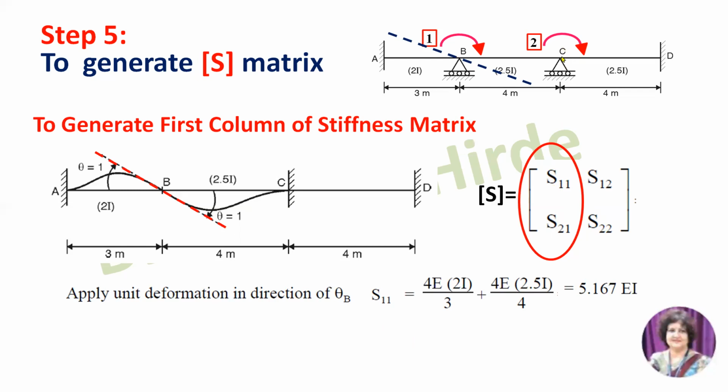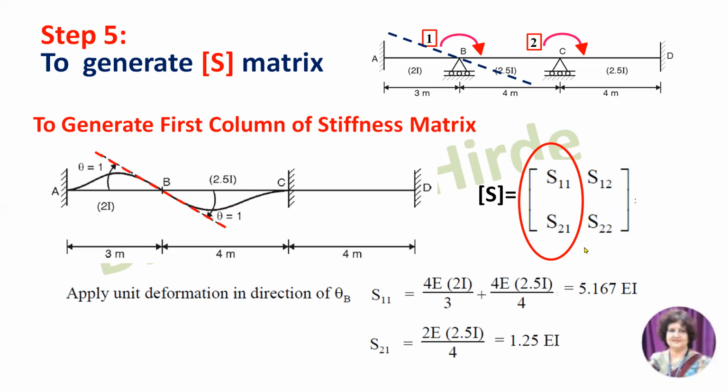It is the moment developed at 2, meaning here at C. Moment developed at C due to unit rotation at 1. When we rotate it by 1, the carryover moment at C is 2EI by L. So S21 is 2EI by L, which is 1.25 EI. So this is how we generate the first column.